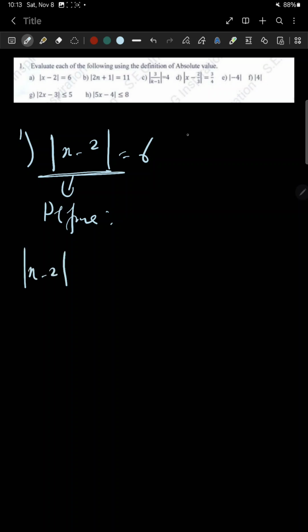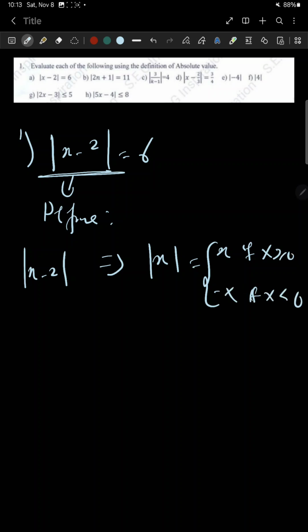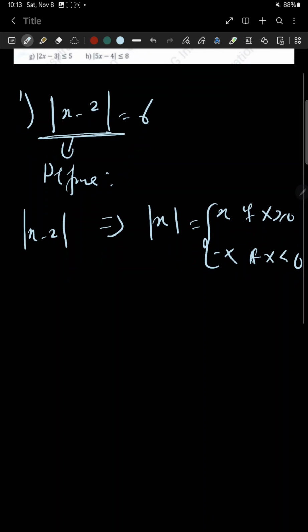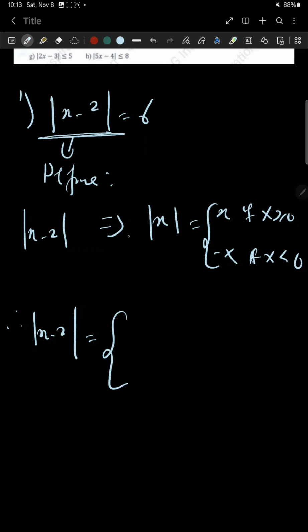Remember before in the video we said you relate this to the modulus of x is x if x is greater than or equal to 0, then negative x if x is less than 0. Do you remember this? So now I'll relate this to that. So I'm going to say the definition of the modulus of x minus 2 will be, now remember I said where there's x, I'll replace x minus 2.